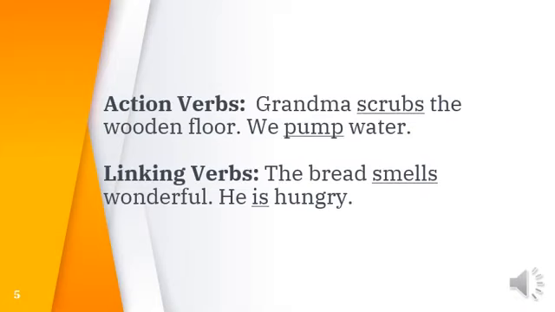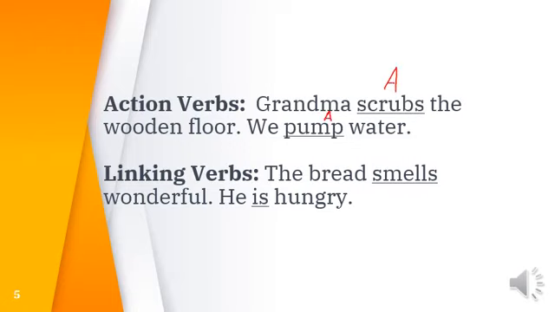Now these are 2 examples from your book. Action verbs: Grandma scrubs the wooden floor. Scrubs, like cleans. We pump water. So we have scrubs, this is an action, very obvious. And pump is another action. What about the linking verbs?